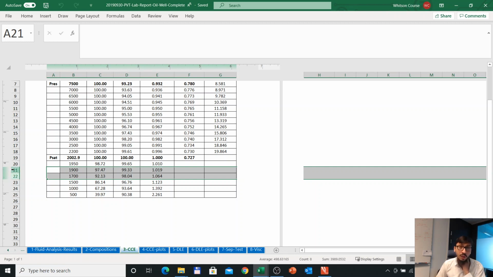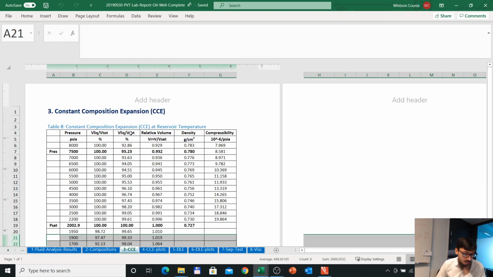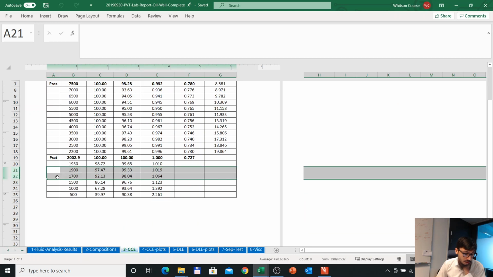So we need V liquid over V saturated at 1800 psi, and we have the values at 1900 and 1700. If we just take the arithmetic average of the two numbers, that would be the number at 1800 psi, which is linear interpolation.